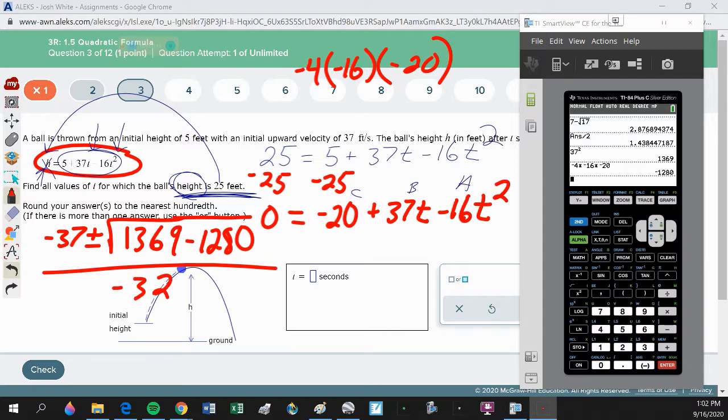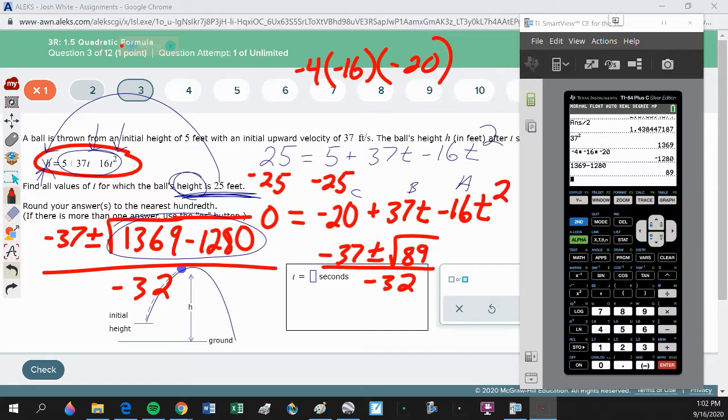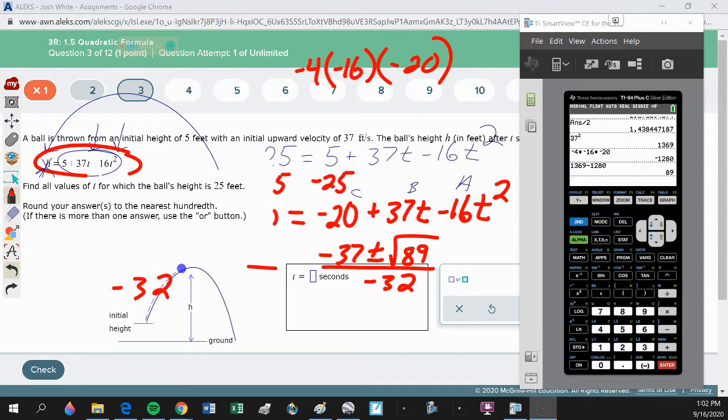Okay, let's simplify that. 1369 minus 1280, and I get negative 37 plus or minus the square root of 89 over negative 32. And if you look back at the problem, round to the nearest 100th.